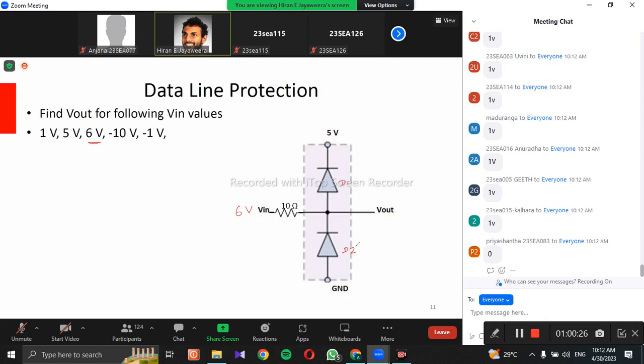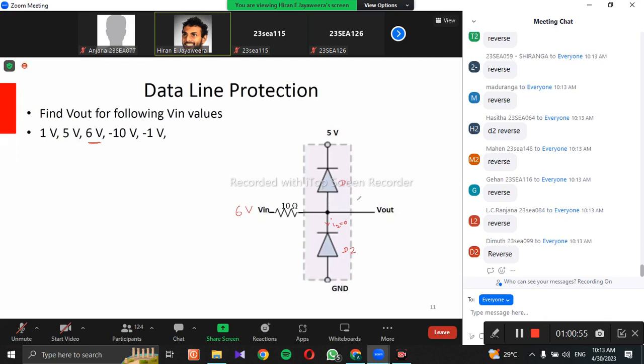Is it forward bias or reverse bias? It is reverse bias, right? I'm talking about D2, it's reverse bias. So basically no current flows through this one.